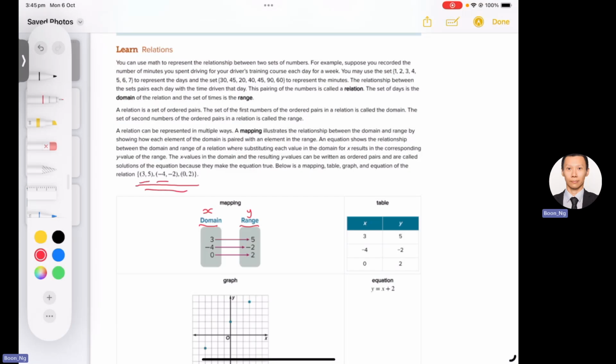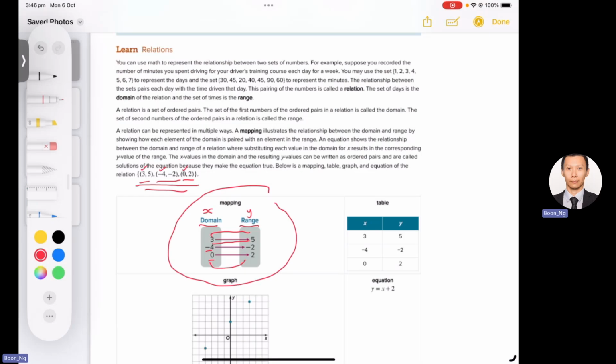The second one is -4, -2, and the last one is 0, 2. So we can see this is x: 3, -4, 0, and 3 maps to 5, -4 maps to -2, 0 maps to 2. So when we are doing this, this is a mapping graph.